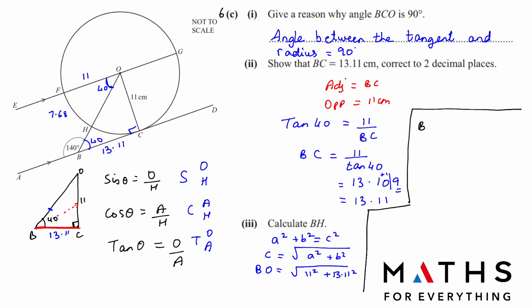This will give us BO is equal to 17.11. But we want BH. So to find BH, from 17.11 we minus the radius. OH we know is 11. So we minus 11. That will give us 6.11 centimeters.